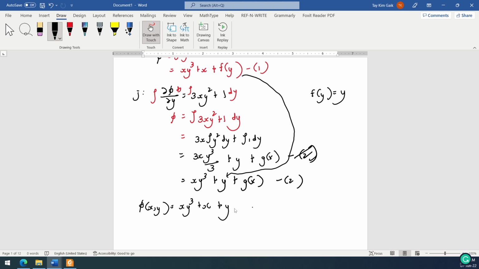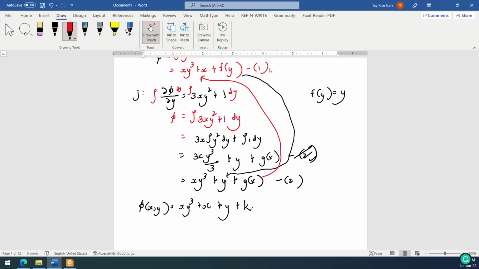And then you can also add plus k. If you start from equation 2, phi is xy cubed plus y plus g of x, where g of x is a function of x. Can you understand? The terms must add up.